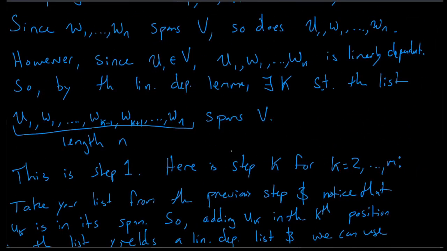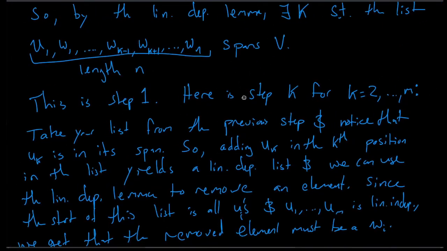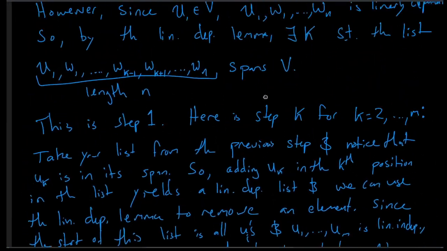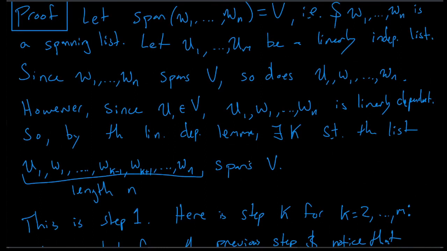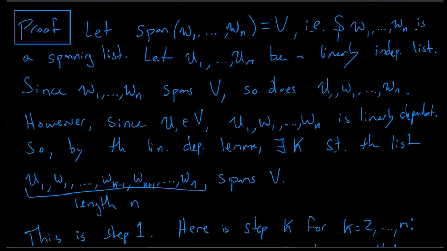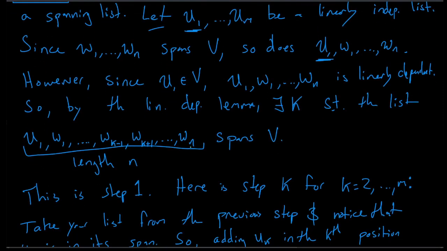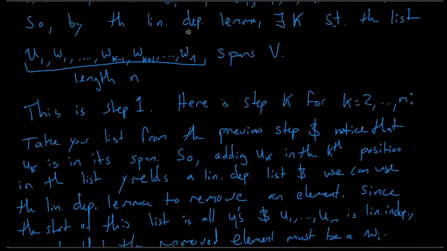All right. Let's see if we can do some more. That's kind of a complicated proof. If you feel a little bit tripped up on it, feel free to send me an email. The idea is that we're doing an iterative process where we start out with our spanning list. We append at the very beginning something from our linearly independent list, right? We're going to put that right here. And then we remove something from the list using the linear dependence lemma.